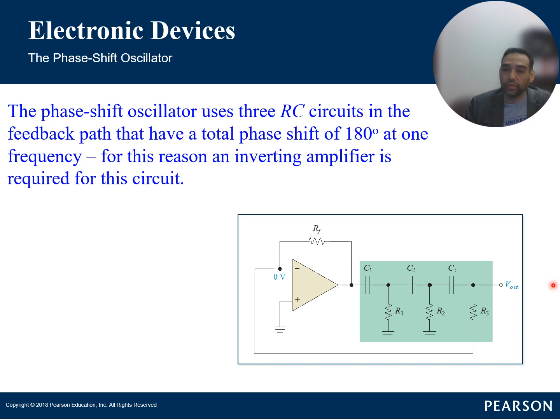So the oscillation frequency, you can calculate using that formula. It's 1 over 2 pi RC times 6. We'll see it on the next slide, hopefully. Don't quote me on that.